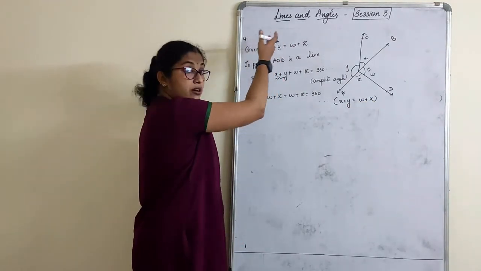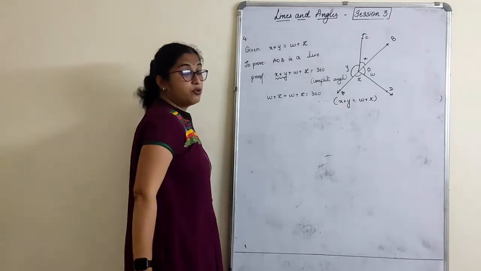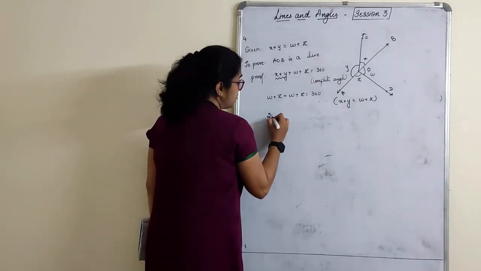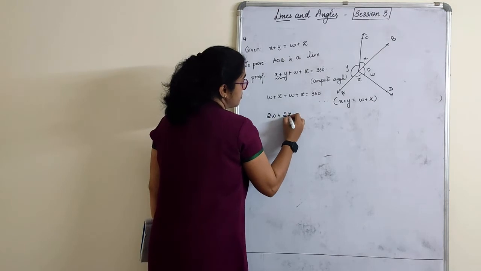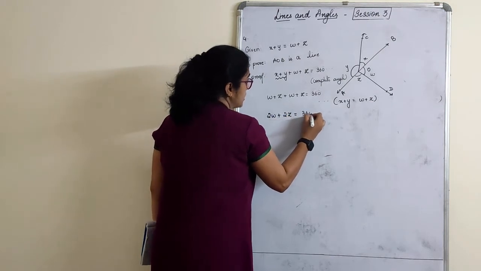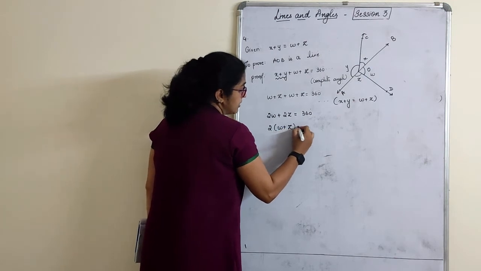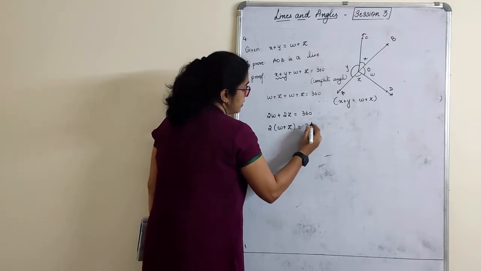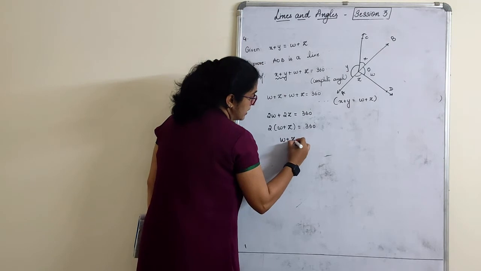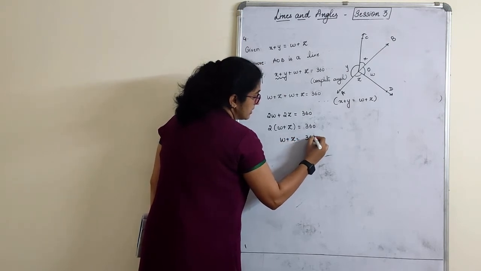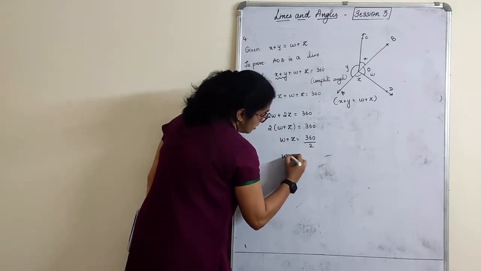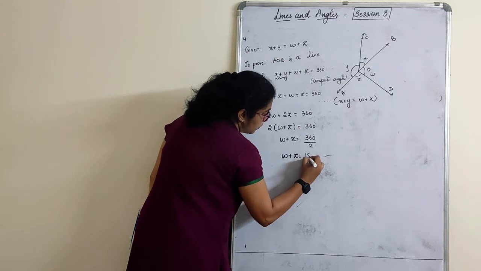Because it is given. We know that it's given, but you have to mention. 2 times of W plus 2 times of Z is equal to 360. Take 2 common. W plus Z is equal to 360 divided by 2. W plus Z is equal to 180.